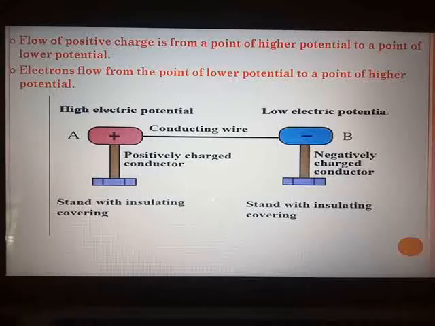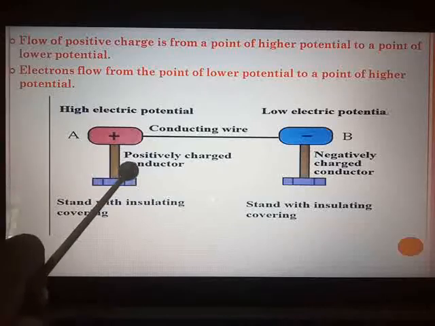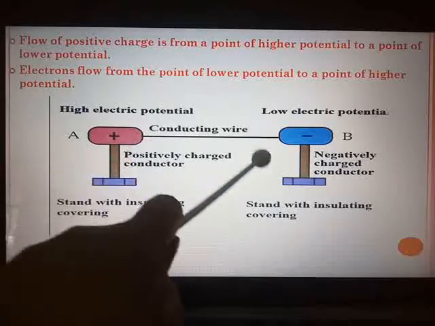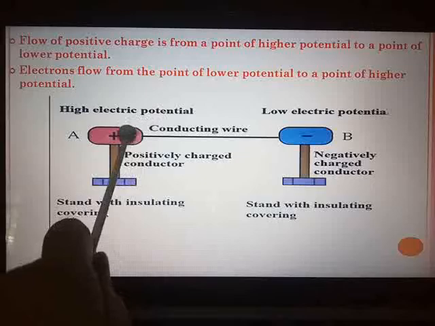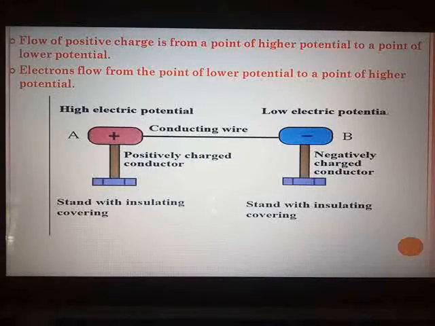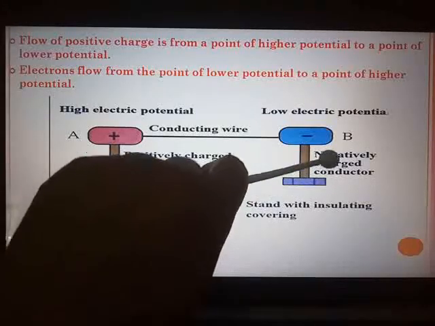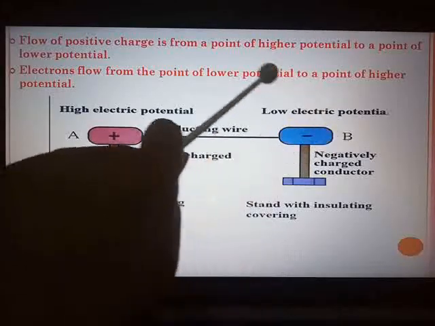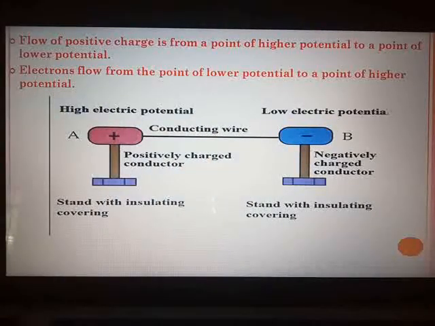Now here in this figure you can see conductor A is at a higher potential than conductor B, and when both of these are connected by a conducting wire, a potential difference is created between its two ends, and the electrons will start flowing from B to point A. Why?